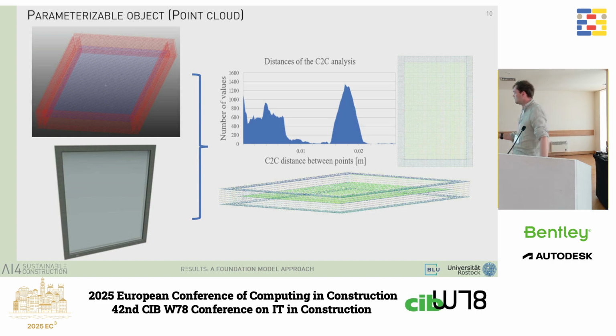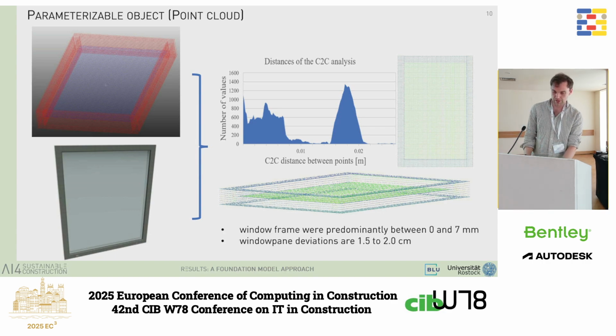In blue we have the window frame, and in green we have the window frame. We can see that the distances from the object are predominantly between 0 and 7 millimeters for the window frame, and for the window pane the deviations are from 1.5 to 2 centimeters.